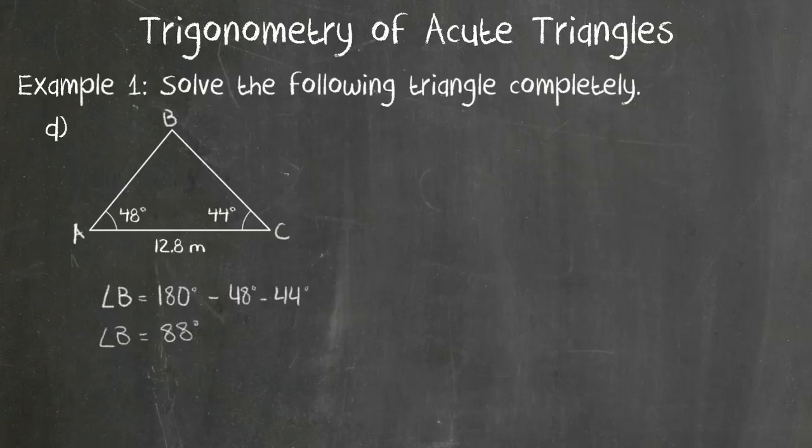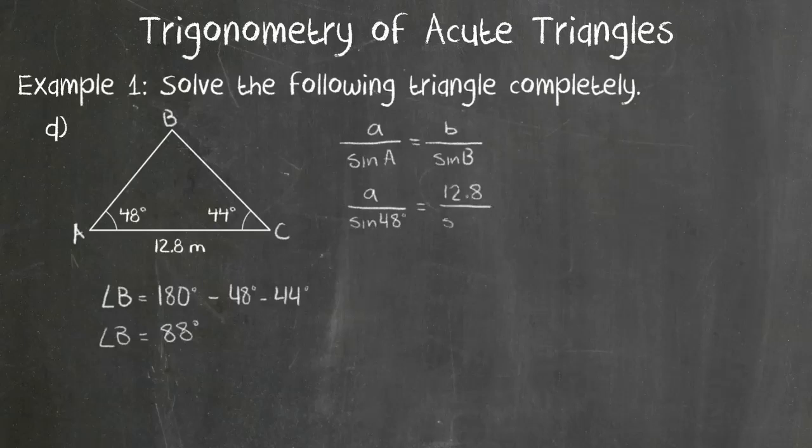So I now know 3 angles and 1 side, so I can find my 2 missing sides using the sine law. I'm going to start with finding side A, so A over sine A will equal B over sine B, as that is my complete pair. So A over the sine of 48 degrees is going to equal 12.8 divided by the sine of 88 degrees.